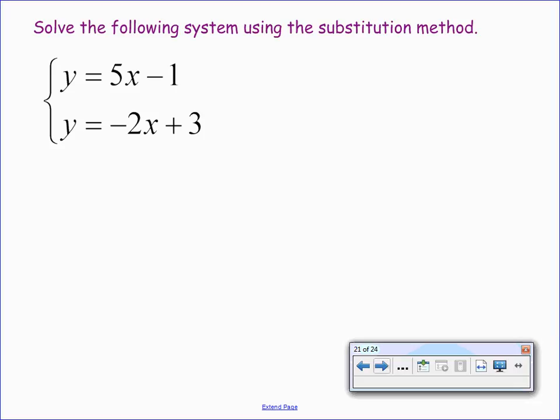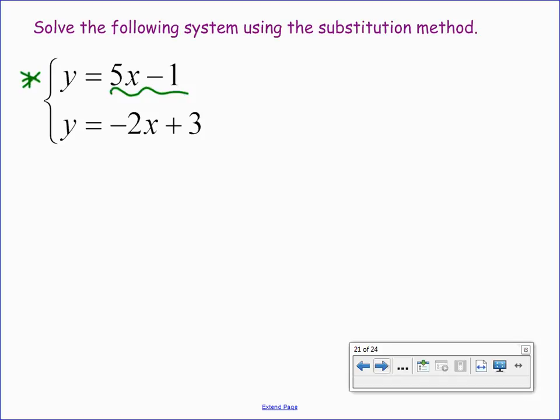All right, let's try it out again then. So I am still looking for that 4/7. Our calculator couldn't tell it to us, but we can get it with ease algebraically. Is one of the equations in the system solved for one of the variables? Yeah, both of them, right? The first one solved for y, the second one solved for y, so I can choose either one to be my substitution expression.